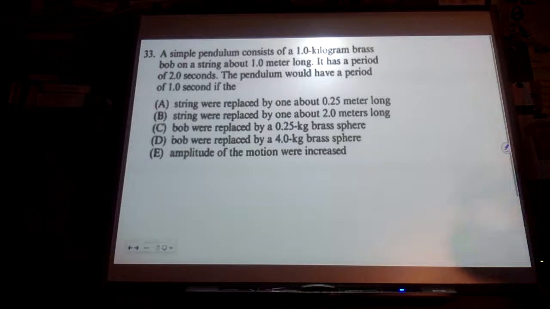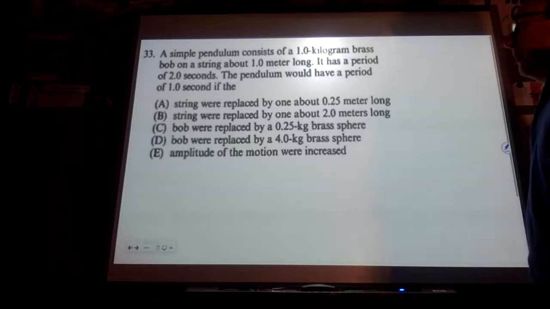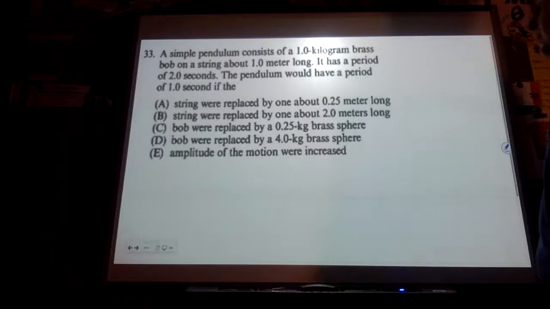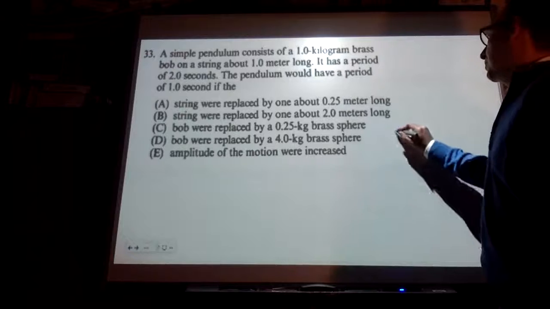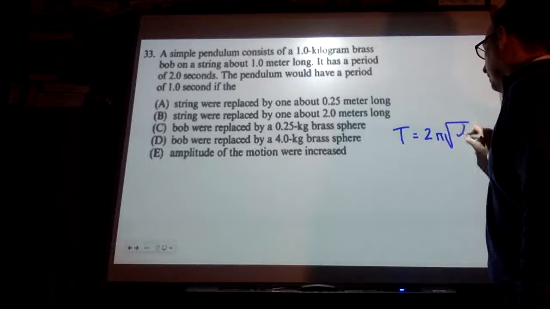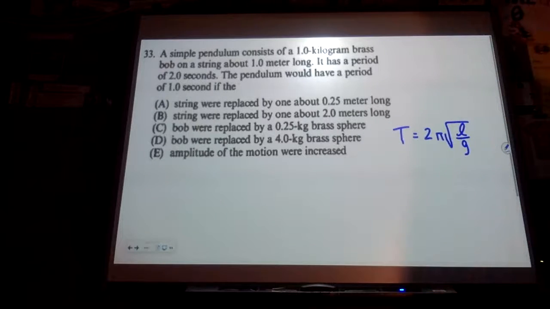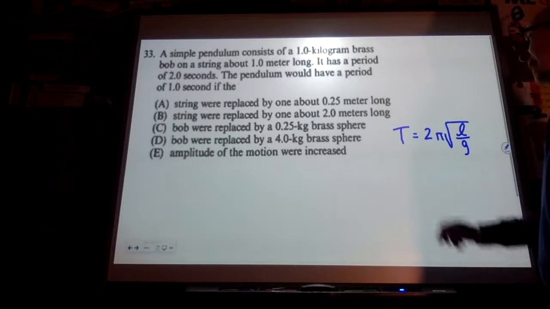A simple pendulum consists of a 1 kilogram brass bob on a string about 1 meter long. It has a period of 2 seconds. The pendulum would have a period of 1 second if... All right, so I want my period to go down to a half.